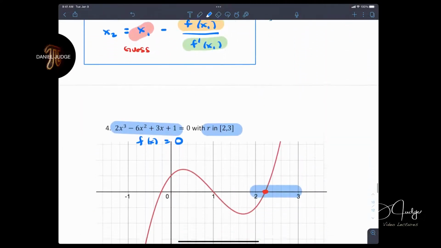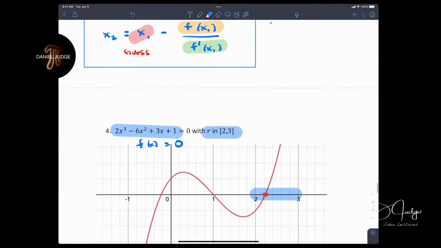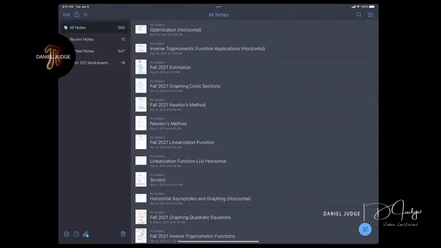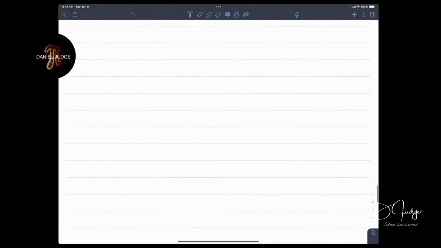So, okay, let me see if I can copy that function. All right, I'm going to try to copy this. And we're going to get to work. So this is number 4 here.